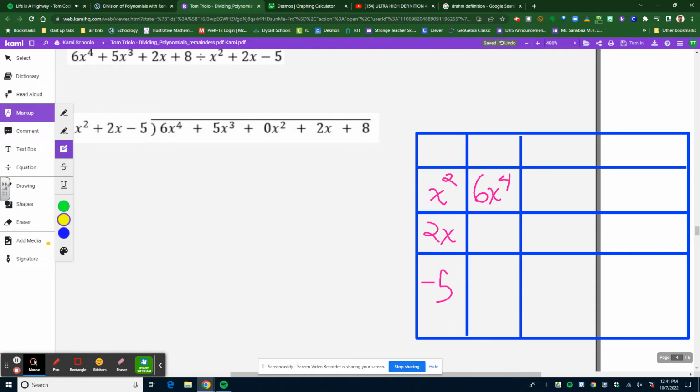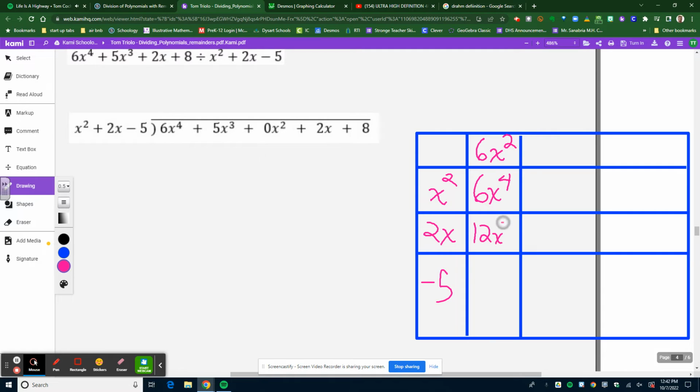Next part is I have to figure out what I multiply x squared by to get 6x to the 4th, and that is 6x squared. Then I multiply the 6x squared to my other 2 terms in my divisor. So I'm going to get 12x to the 3rd. And then 6 times negative 5 is negative 30x to the 2nd.